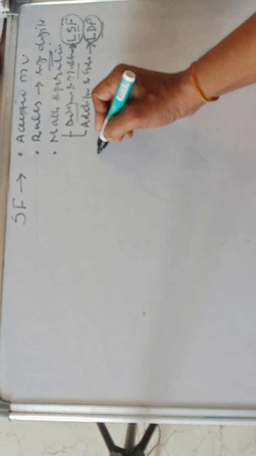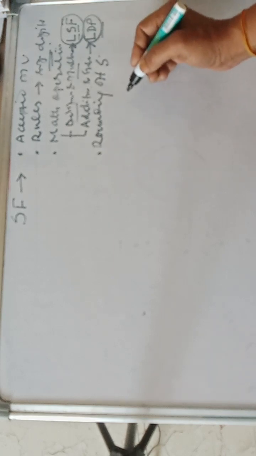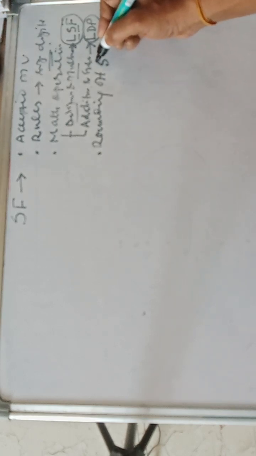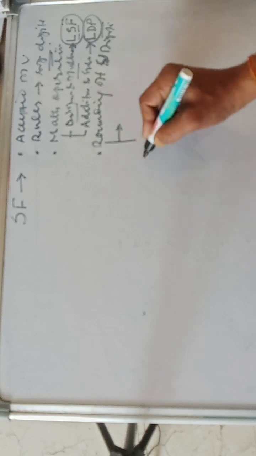Now the fourth one is rounding off of significant figures, or rounding off of uncertain digits. In this case, we find the second uncertain digit: whether it is greater than 5, less than 5, or equal to 5.